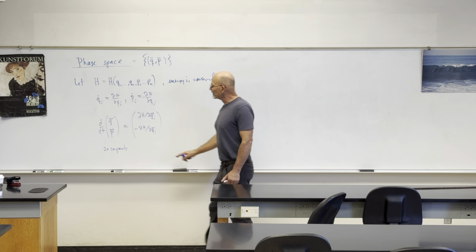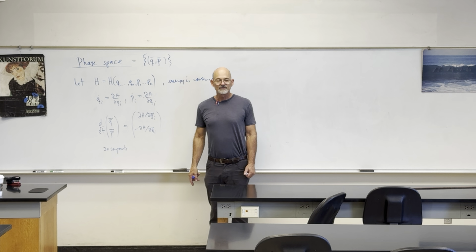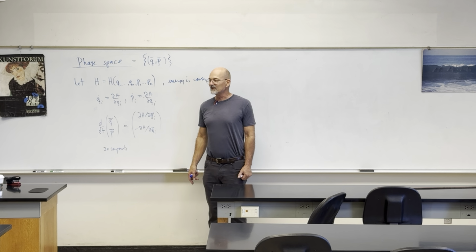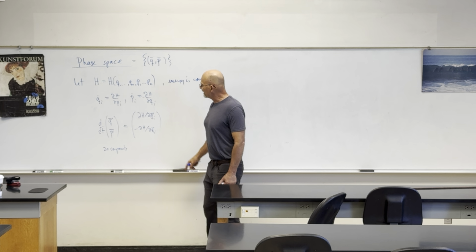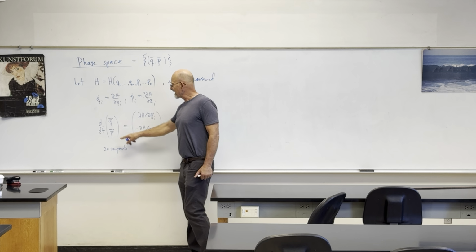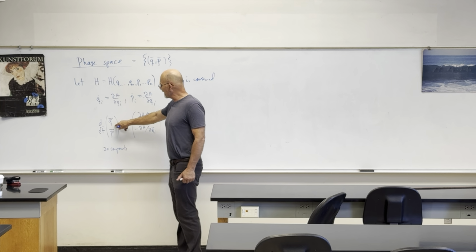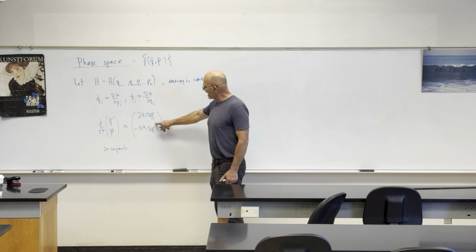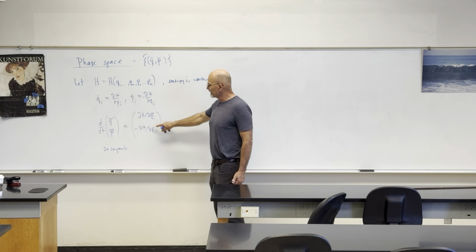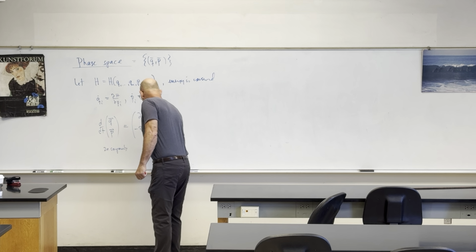But this is the first derivative of a vector. What's the first derivative of, say, a position vector? Velocity vector. So we can think of this as a velocity vector in phase space, and that means the velocity vector of a point in phase space is given by a vector field. So with 2n components, this here is a vector field.